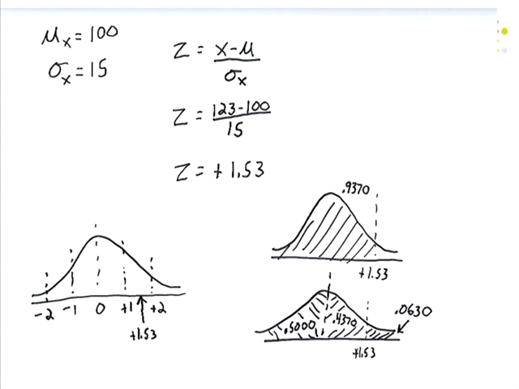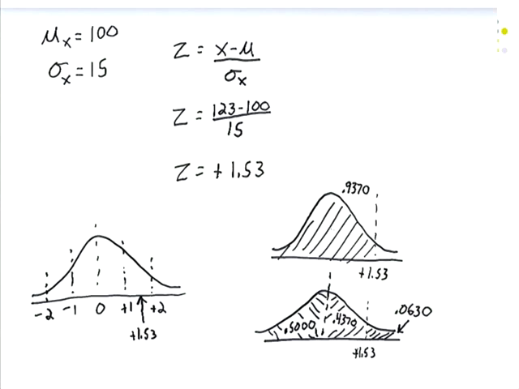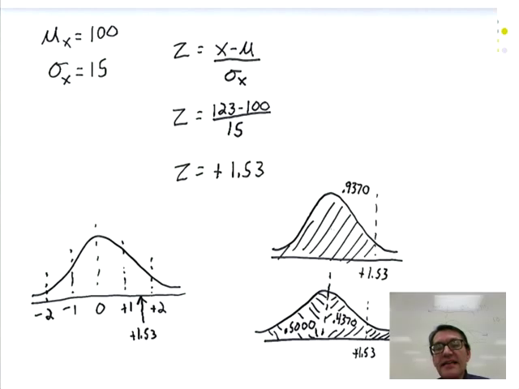And then the 0.063 on the other side is simply the remainder, right? So 1.0 minus 0.937 equals 0.063. So hopefully we have an idea where I'm getting these numbers from, our understanding of the z-scores.